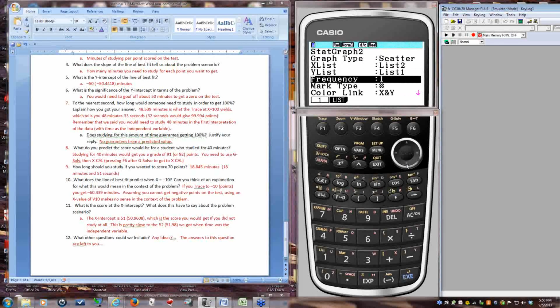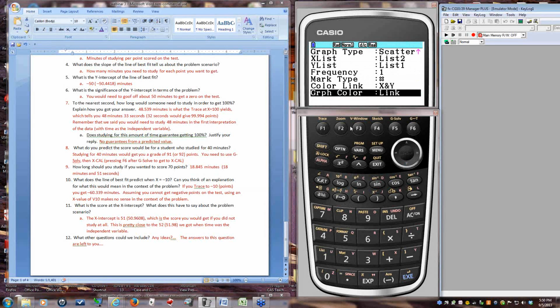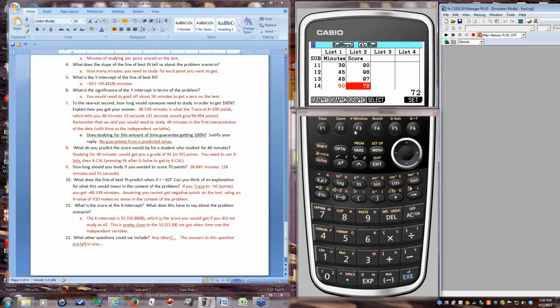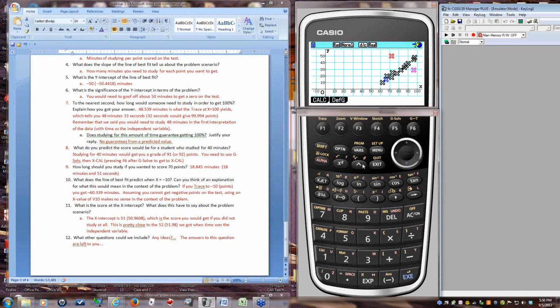The frequency, there's not any, it's not grouped data, so I kept that at 1. I decided what mark type, and it was off, and I turned it on so that the X and the Y values were impacted. And now it's going to color, and then make sure that the color link, the graph color, is linked. So that's how I got the graph to show the colors.